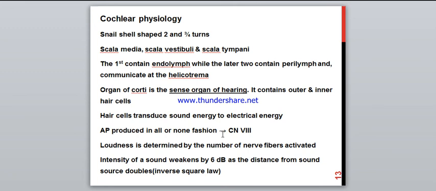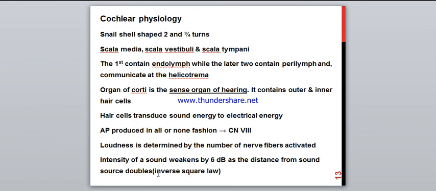As we know, nerve conduction is chemical by neurotransmitter, or electrical by action potential. Loudness is determined by the number of nerve fibers activated. The louder the sound, the higher the production of action potential and activation of more nerve fibers.